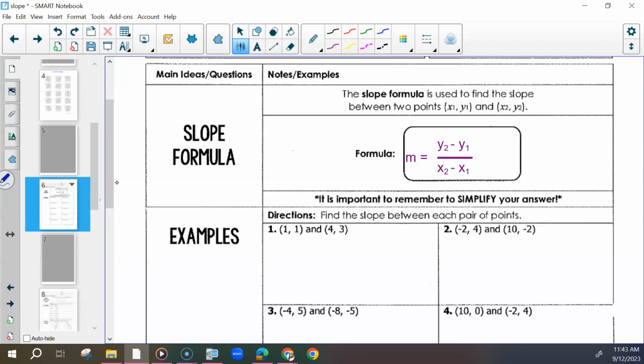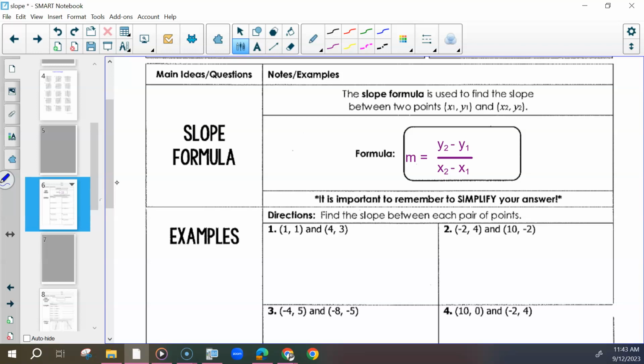m equals y2 minus y1 over x2 minus x1. Now, let's say you forget the order of this. It happens. As long as you remember to put your y's, the change in y, in the numerator at the top, then you should be okay.